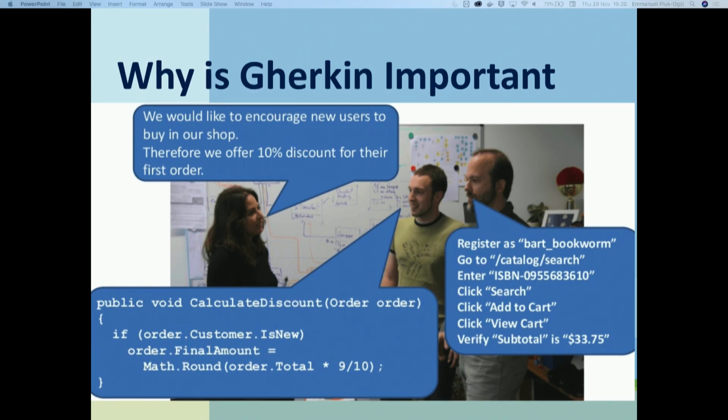And your tester is already thinking of how we test it on the website, of saying, right, register as a new user, but bookworm, who I guess is no one's name, and then go through adding a particular item and verify the subtotal. So obviously this is a bit exaggerated, but the idea is that these three people look at things from a different aspect. So it's nice to use Gherkin to give an outcome that everyone's happy with.